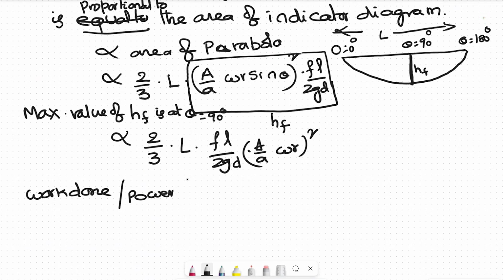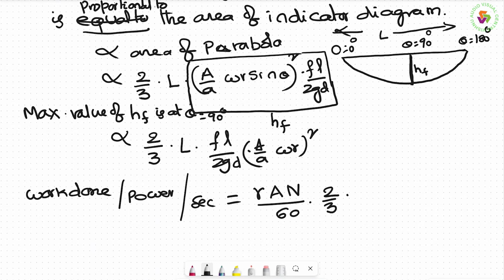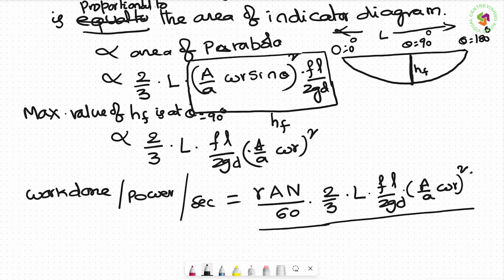Therefore, work done or power, of course always per second, is equal to gamma A n by 60 into 2 by 3 L f l by 2 g d into A by a omega r whole square. This is the final equation.